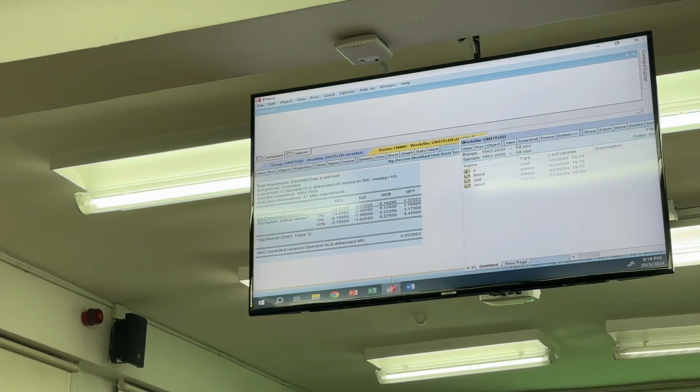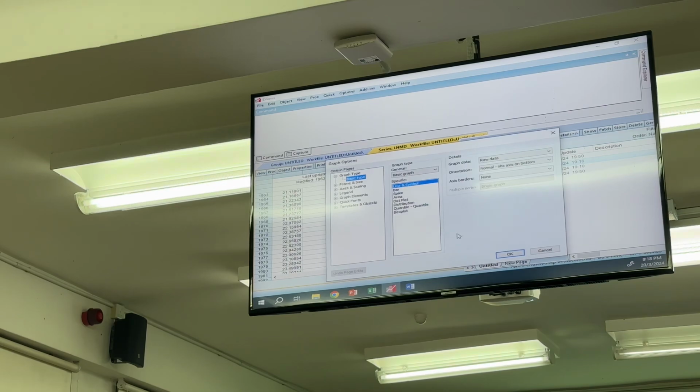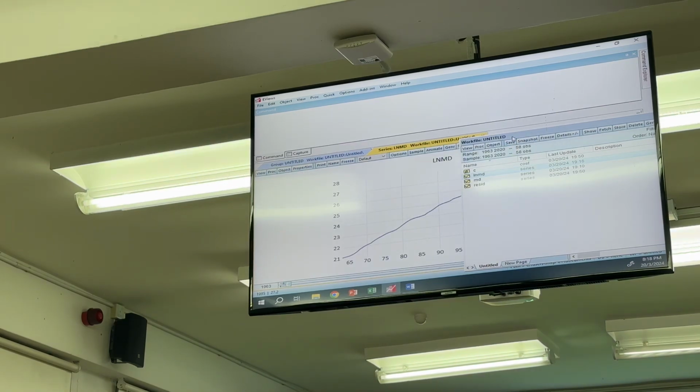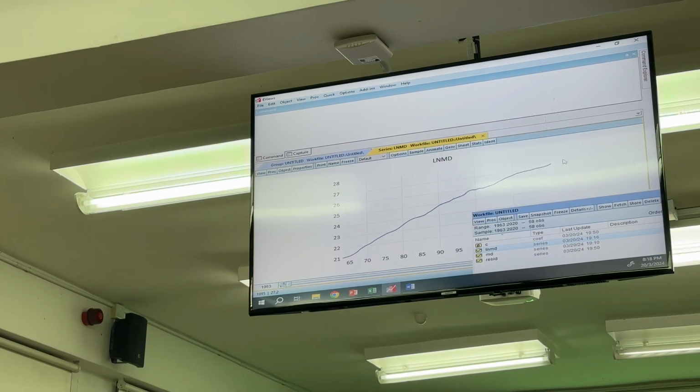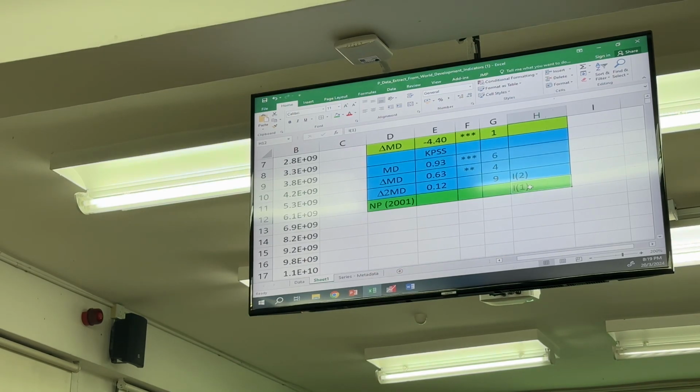As you observed when we drew the graph just now, it clearly shows the series is non-stationary. It has a non-constant mean and time-varying variance. So it's very hard to say that the series is I(0). That's why my conclusion is I(1) based on this condition.